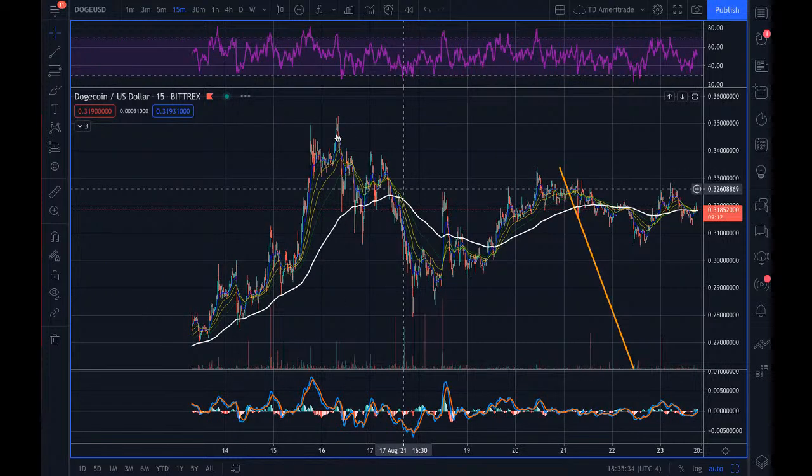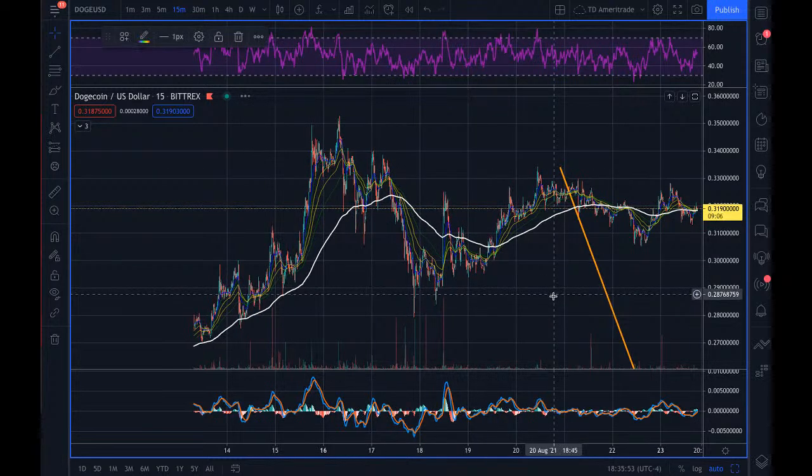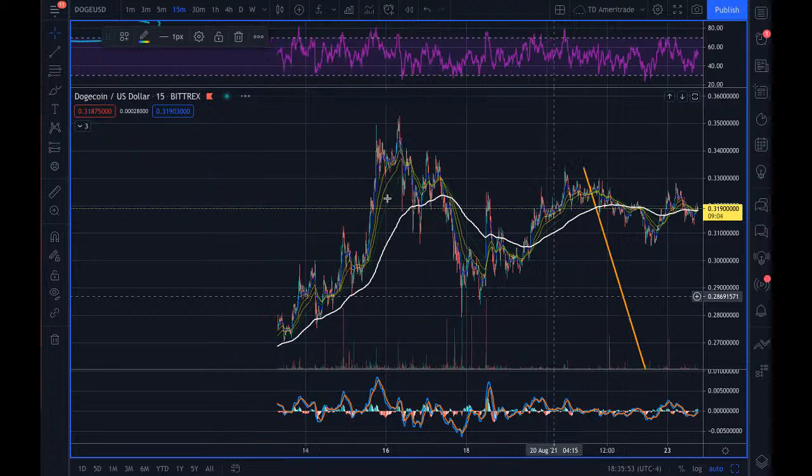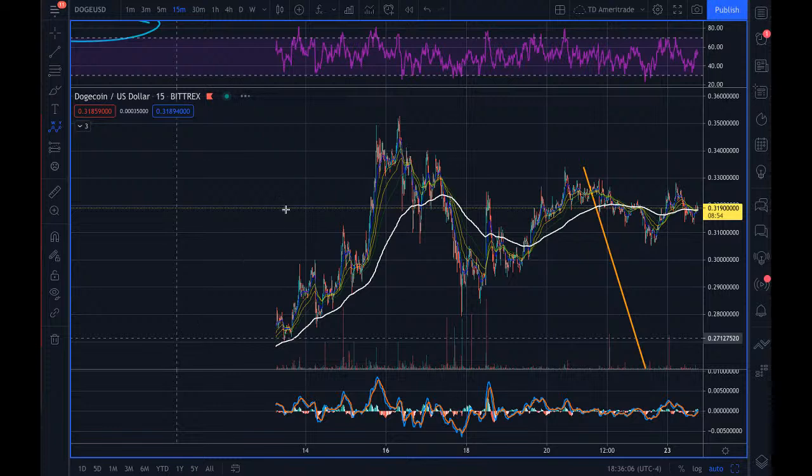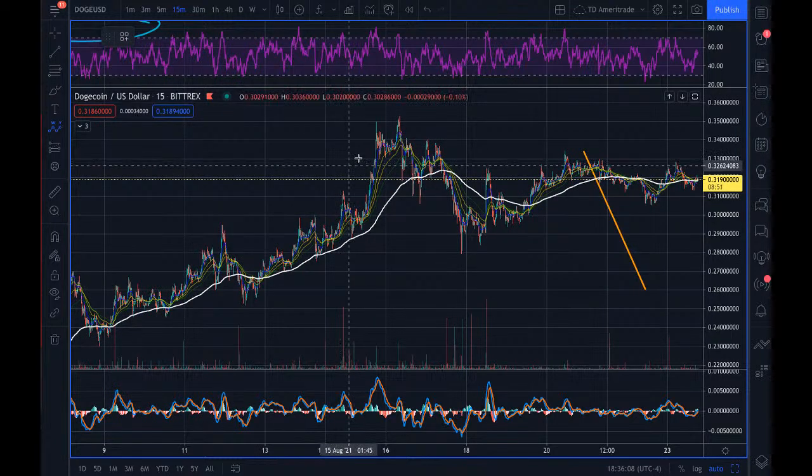So we've been going sideways right here, and let me count these subwaves. Experiencing a little bit of lag, but we're just going to push on through.